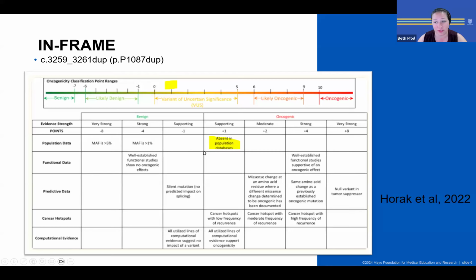And then also when we're using our oncogenicity standards, we have an in-frame duplication. This is not present in cancer hotspots at all. It doesn't have a Revel score, but it is absent in population databases, which according to these standards would put it out of the US.